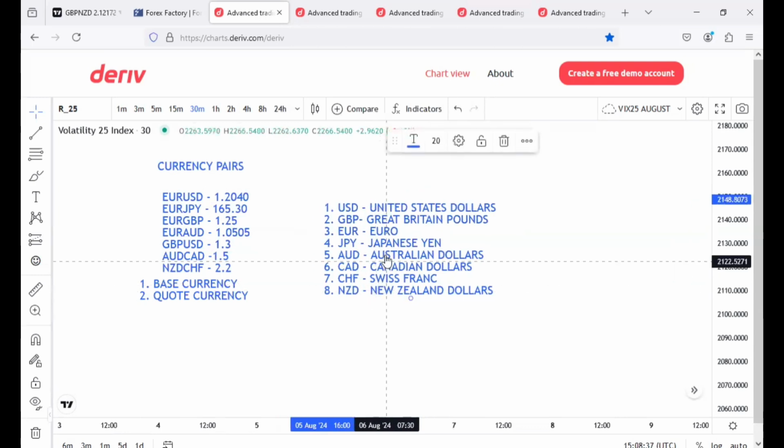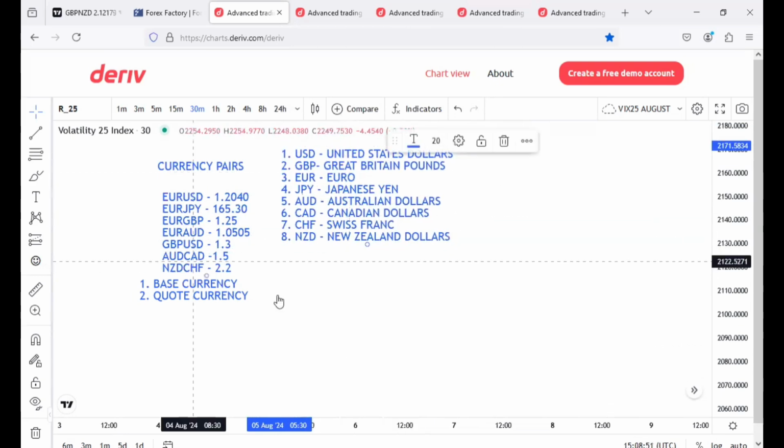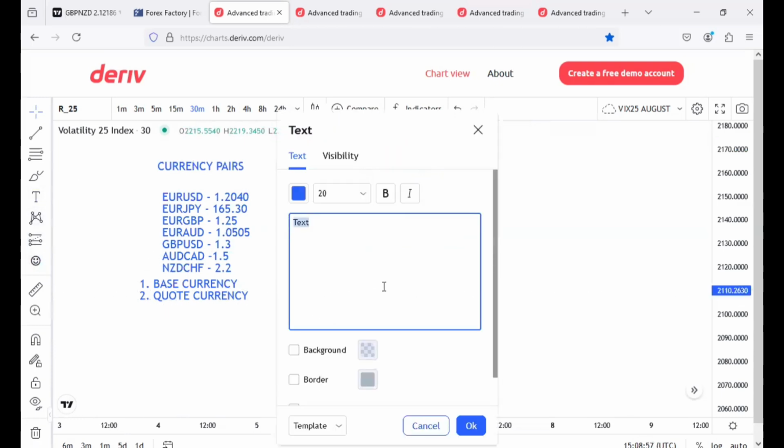Yeah, so those are the major and the most popular currencies in the Forex market. These are the most popular ones that most traders usually trade. So I think that is that. Let's get into the other area. I believe that part should be very clear.